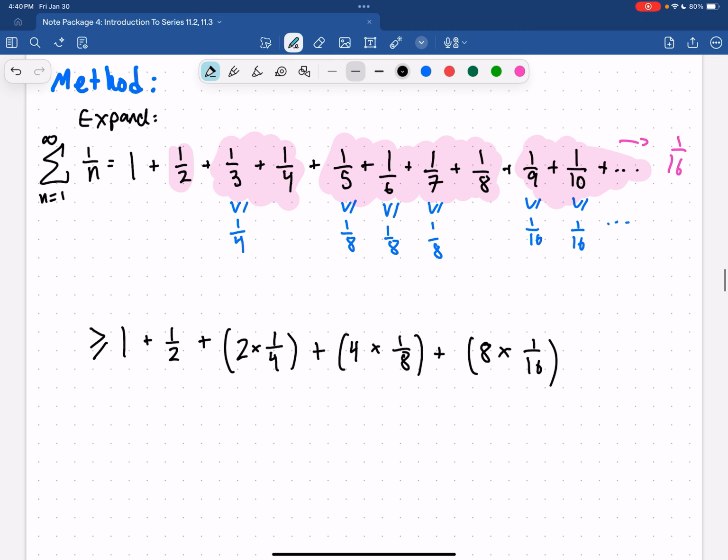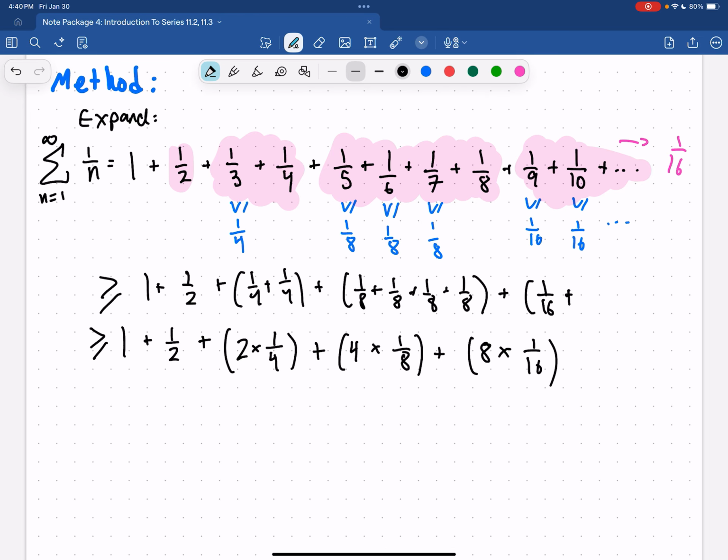Okay, so 1 plus 1/2 plus 1/4 plus 1/4 plus the four 1 over 8s, plus we'll have that 1 over 16 plus 1 over 16 plus and so on. And then we're going to keep doing that forever. We can just keep getting more powers of 2 in our fractions.